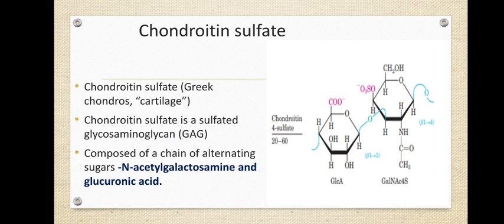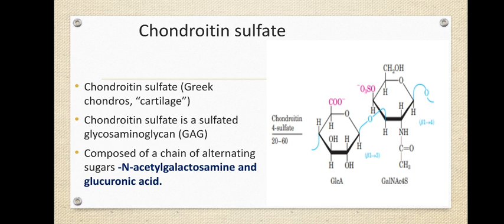The next type of heteropolysaccharide we are studying is chondroitin sulfate. Chondroitin sulfate is again from Greek. Chondros means cartilage. So chondroitin sulfate is one of the components of your cartilage. Cartilage has a soft, slightly elastic nature, and its matrix is formed of chondroitin sulfate, different from the bone.